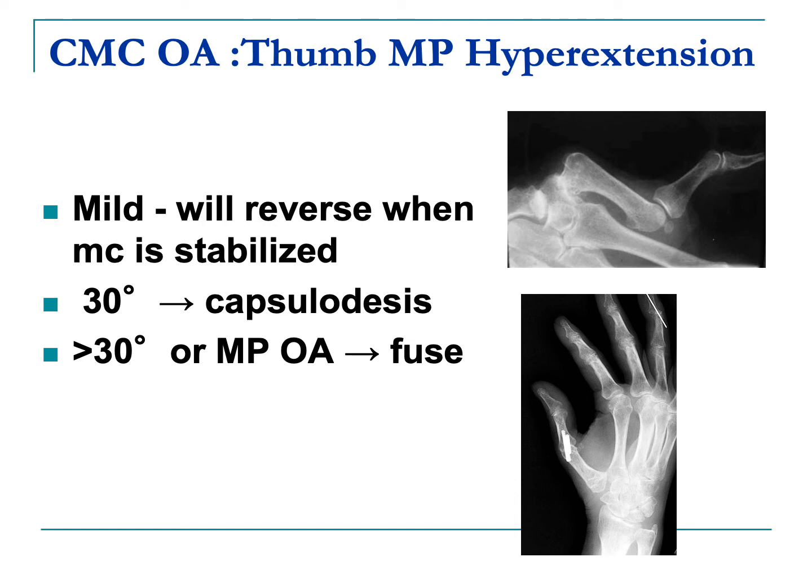Temporarily stabilizing the joint with a K-wire does nothing to improve the stability of the volar plate, and I don't think is a useful procedure. If, however, there is marked hyperextension, or if there's evidence of MP joint arthritis, then obviously fusion, as you see in the bottom picture, makes the most sense.